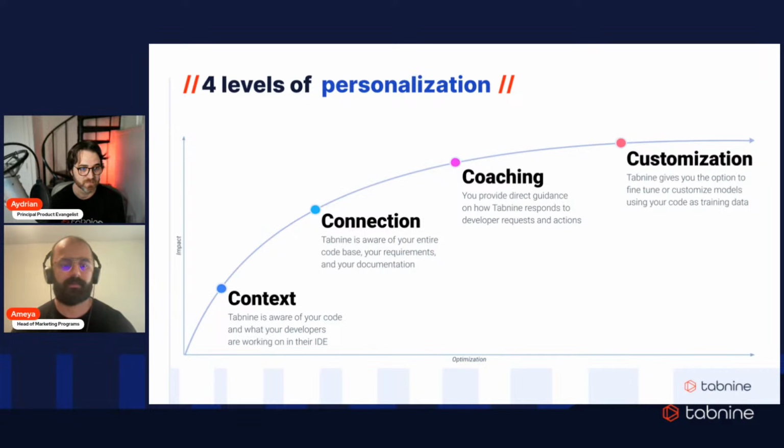And then coming up, we have coaching. We're very excited about this. We have a lot of it in design right now. So stay tuned for that. But this is going to be things like helping you out during code reviews. So as you submit your PR or MR, Tabnine will go through and, based on rules set up by your organization, highlight things that need to be fixed before you need to bother somebody to do a code review.